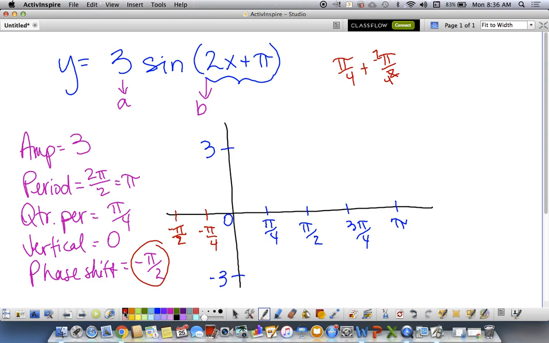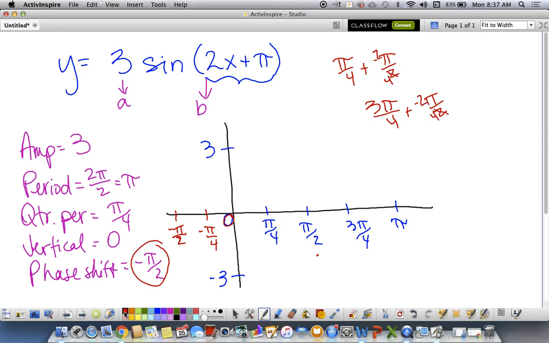And then what is pi over 2? We're at this point. Pi over 2 plus a negative pi over 2. You see? It's 0. Three pi over 4 plus a negative pi over 2. I'm going to go ahead and make it 2 pi over 4.